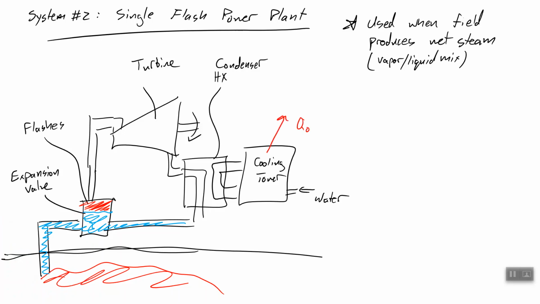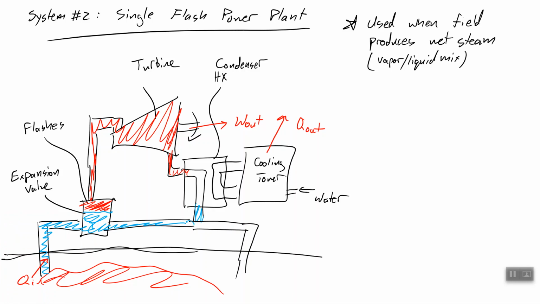So that is our waste heat. Our heat in is like right here, and we are getting some work out right here. This is our moderately high pressure steam, which leaves as a saturated vapor, and then it exchanges heat to turn back into a saturated liquid, which we then put right back into the ground.